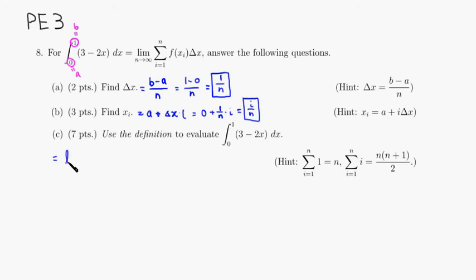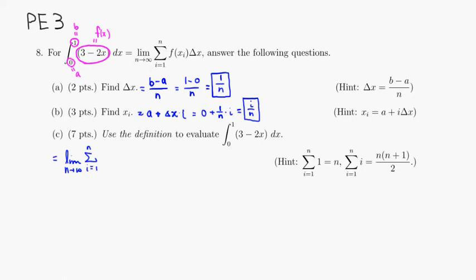So we have a limit as n approaches infinity. Then we have a summation, i goes from 1 to n. And the next one is f of xi. So you can see that this is the function f. Then we just have to plug in xi, which is i over n, for x.